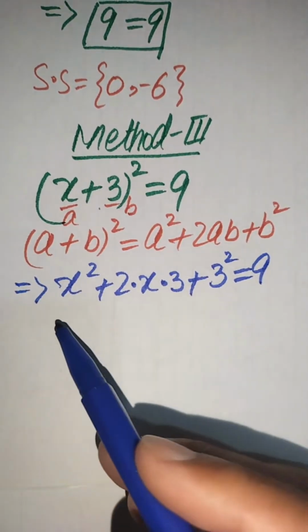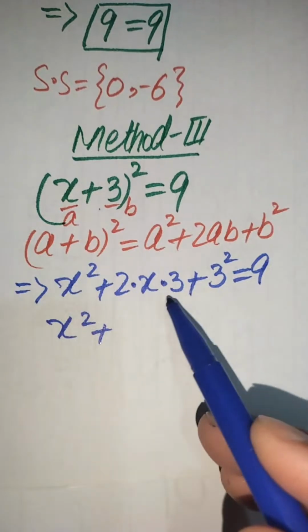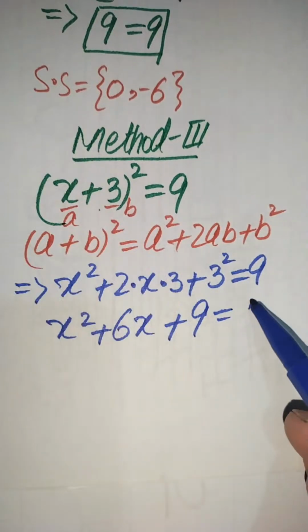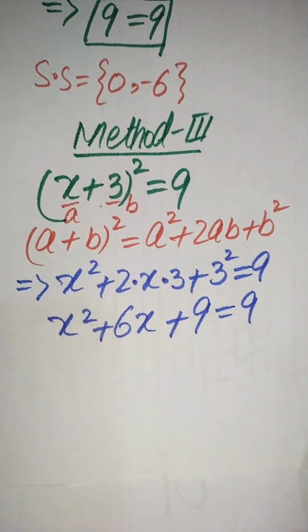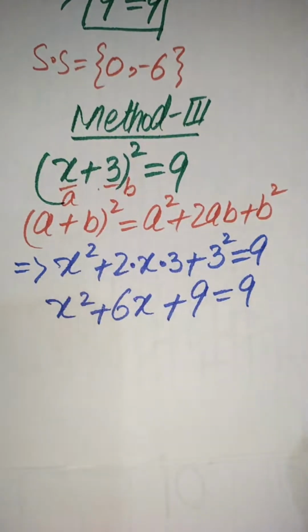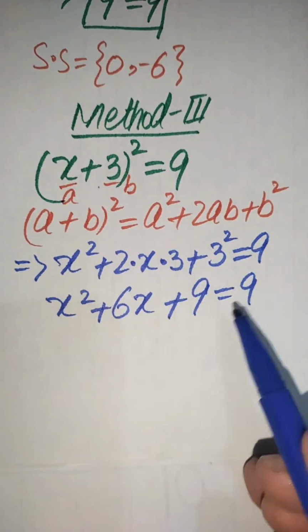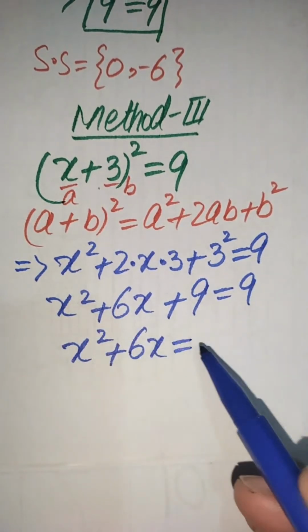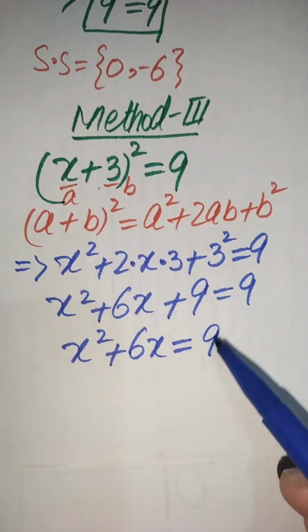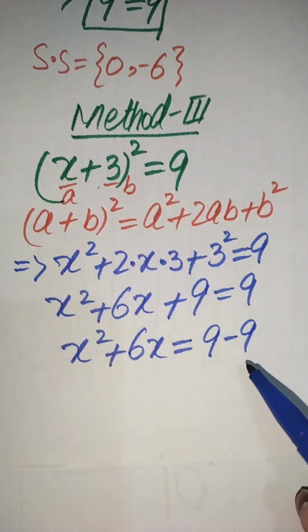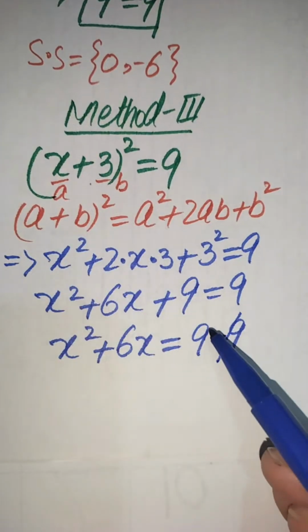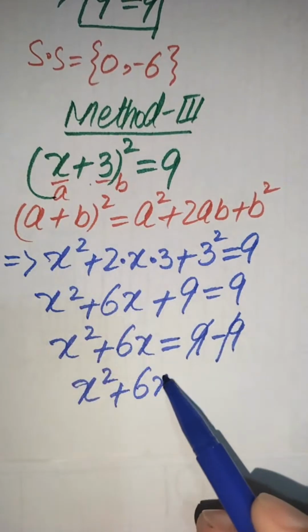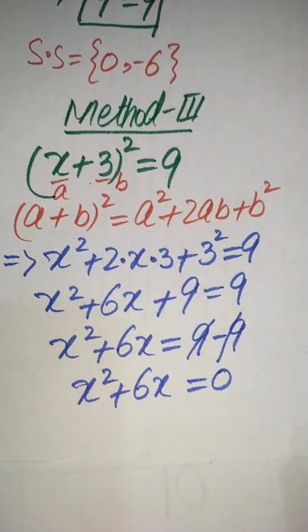Further, we have x² + 6x + 9 = 9. Then we move this +9 to the right hand side, and it becomes -9. So we get x² + 6x = 9 - 9, which becomes 0.